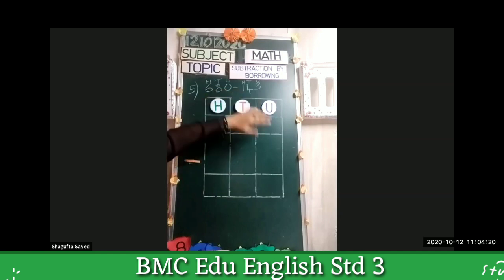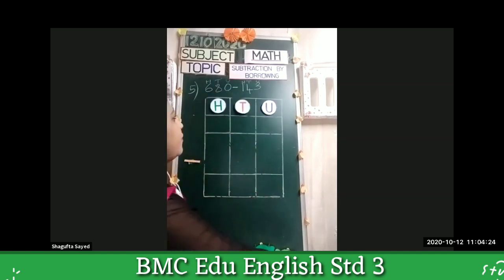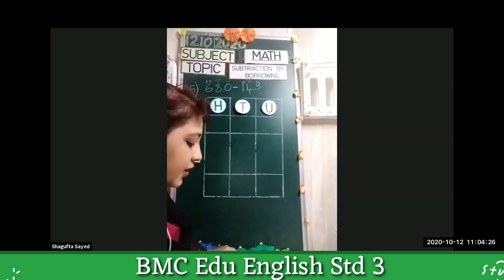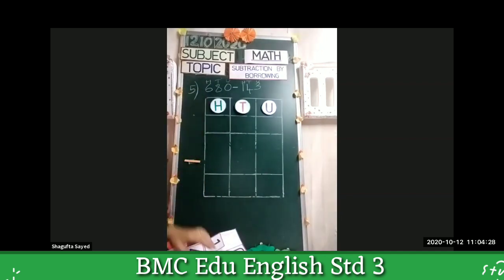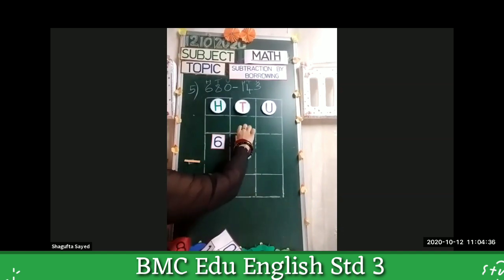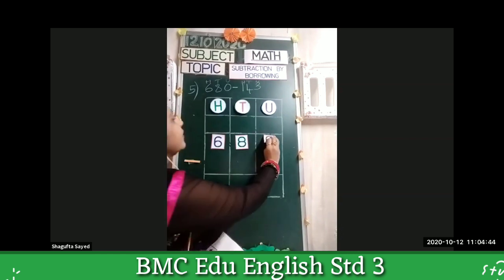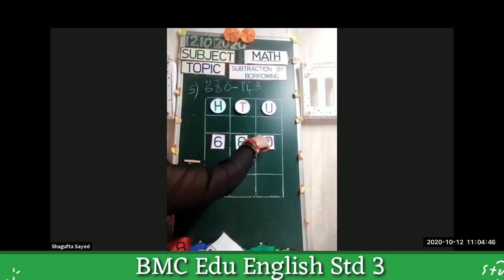Because we have to arrange this vertically and then solve. Right. So we are going to arrange this first. 6 is at which place? Hundred place. Now 8 is at which place? Tens place. 0 is at which place? Very good. 0 is at the unit place.